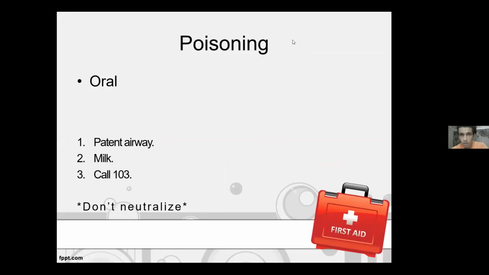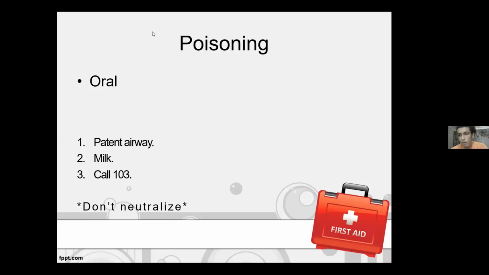Okay, let's continue. Any questions about poisoning else? Actually, I have one. Poisoning depends on the type, like metal poisoning or which poisoning. Can all kinds of poisoning be treated with milk? The oral poisons.